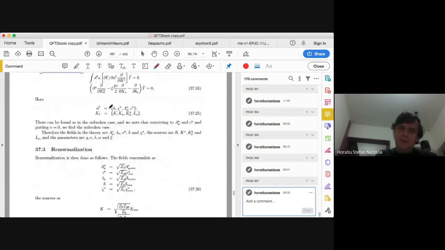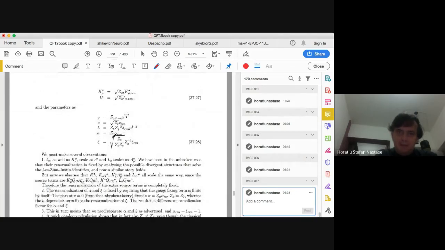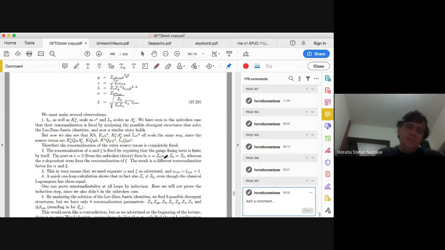So alpha renormalizes with square root Z3 squared. So alpha is Z3 alpha renormalized, or writing generally, alpha is Z_alpha alpha renormalized, then Z_alpha is Z3.